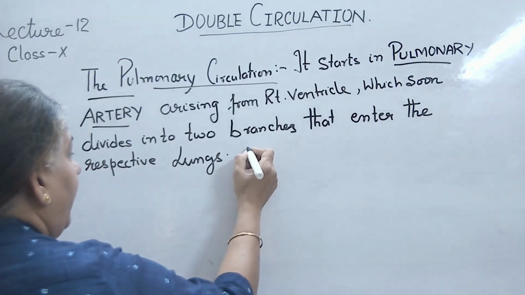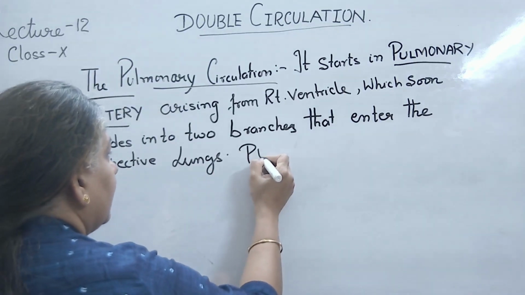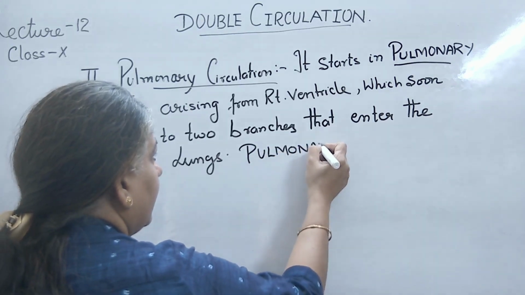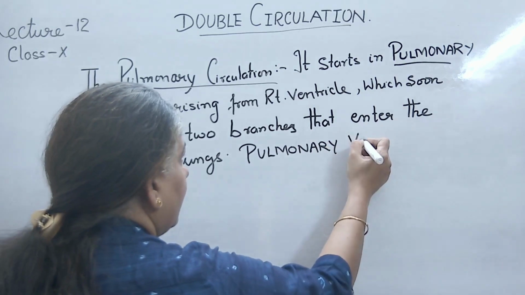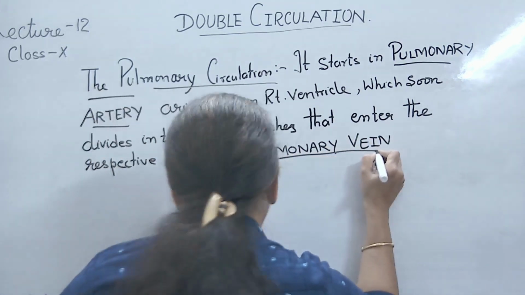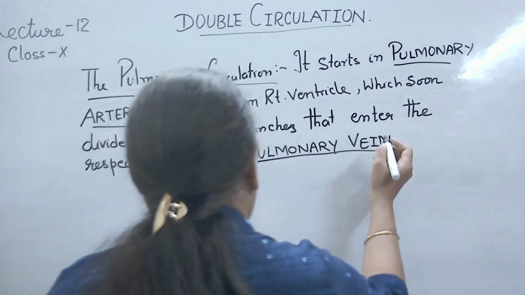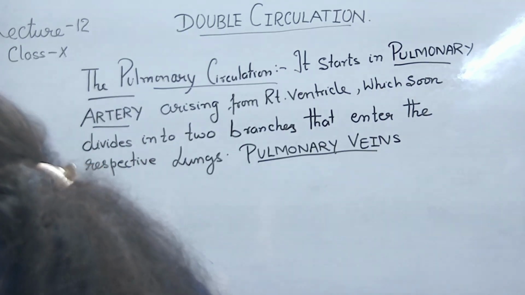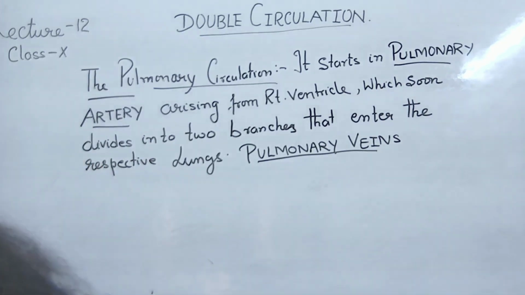Then pulmonary vein collects the oxygenated blood from the lungs and carries it back to the left atrium of the heart. There are four pulmonary veins that enter the left atrium.